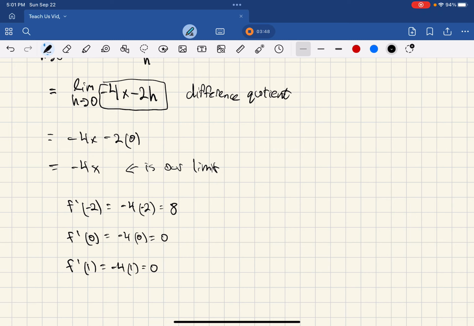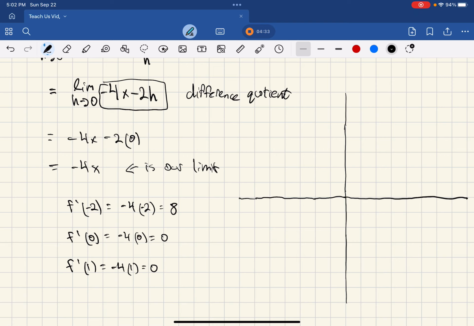And now we're going to graph this. This graph isn't going to be drawn completely to scale.